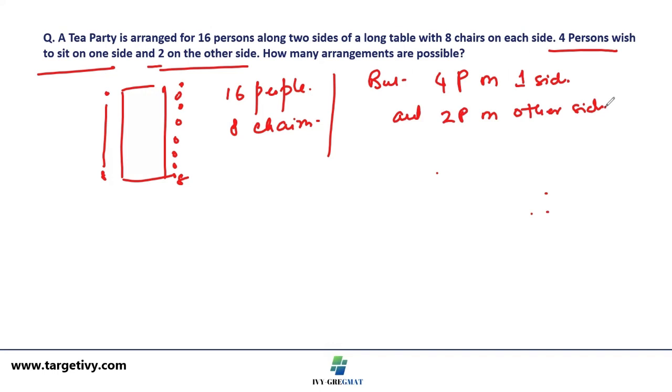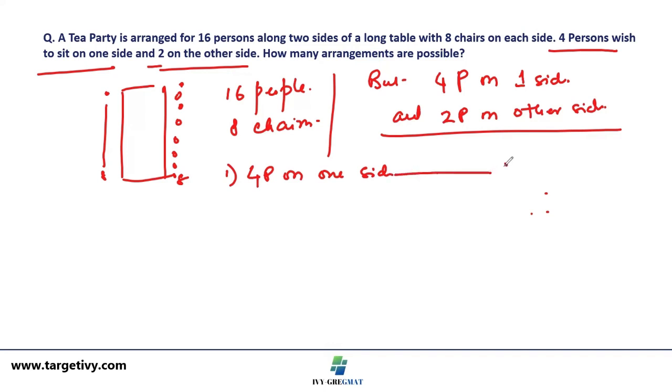So if there are 4 persons on one side, that makes it 8P4 ways. 2 persons on another side.